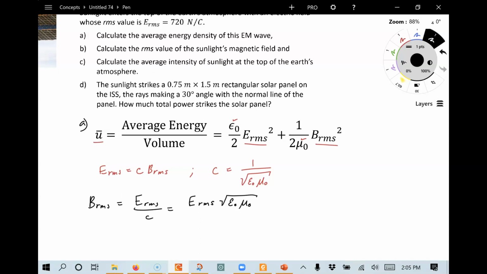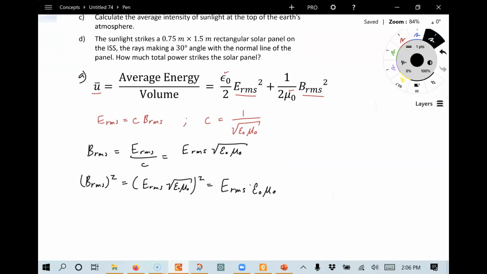Now we're going to go ahead and square both of these. So B RMS squared is equal to this whole thing squared. And what do we get? We're going to end up getting E RMS squared multiplied by epsilon naught times mu naught. And if we put that into the equation, let's see what we end up getting here.